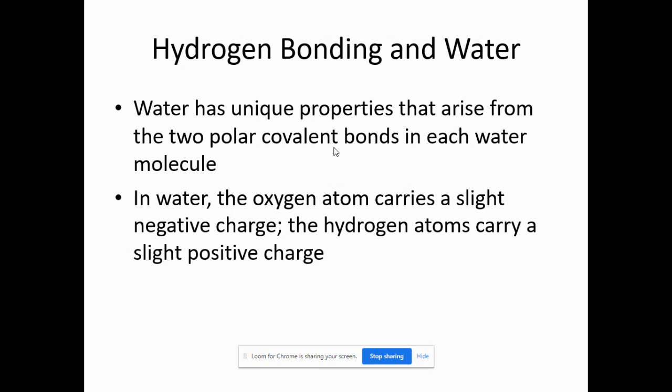The oxygen is pulling the electrons from the hydrogen atoms closer to it, so the oxygen atom carries a slight negative charge, and the hydrogen atoms carry a slight positive charge.